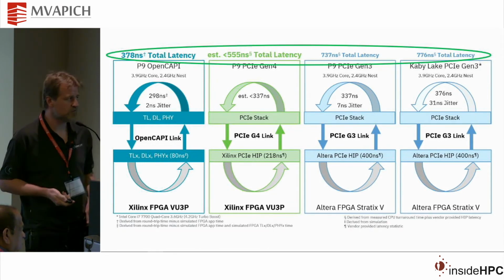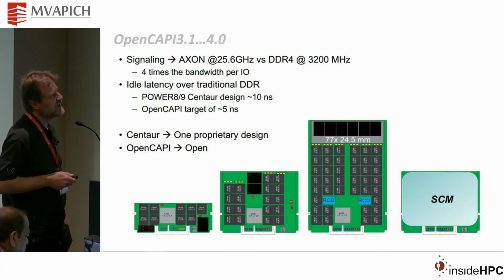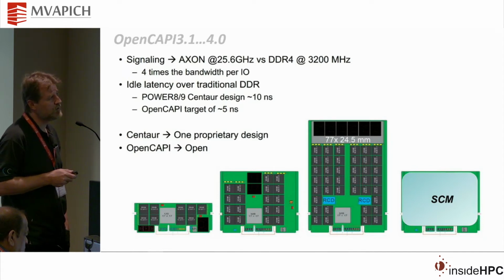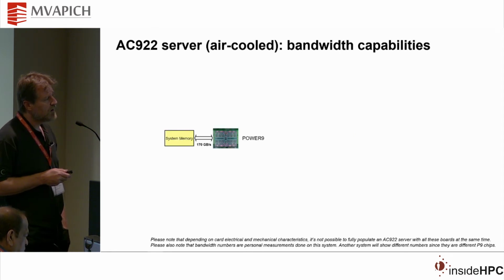And this is what you have to remember. Okay, I won't go too much into detail on these OpenCAPI 3.1 and 4.0 evolutions because I think it's more important to concentrate on the CAPI stuff.